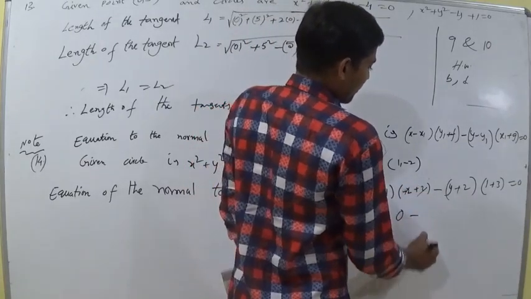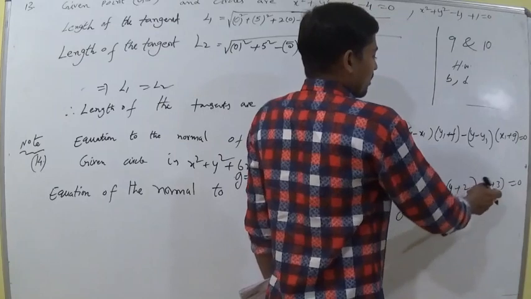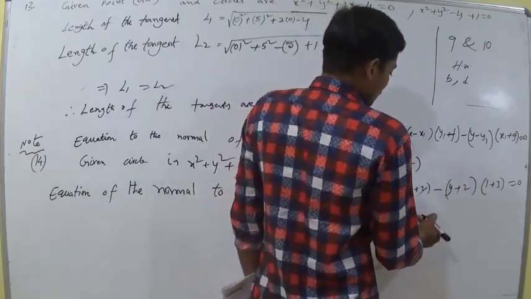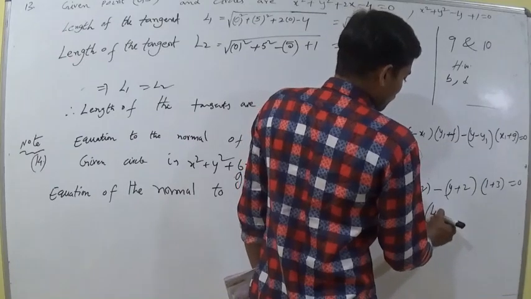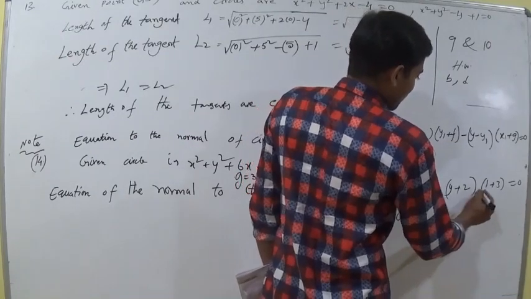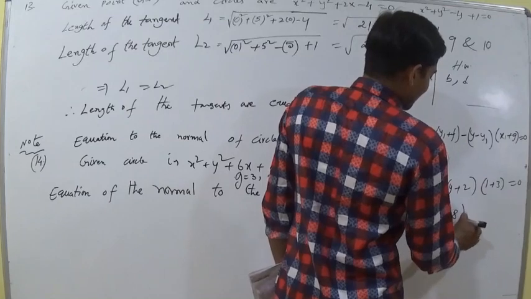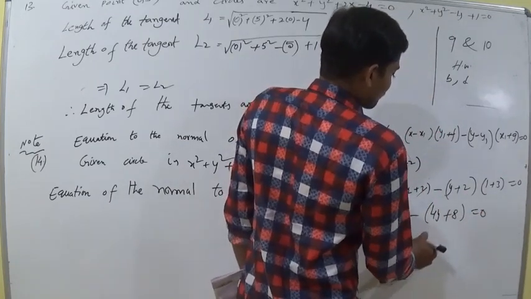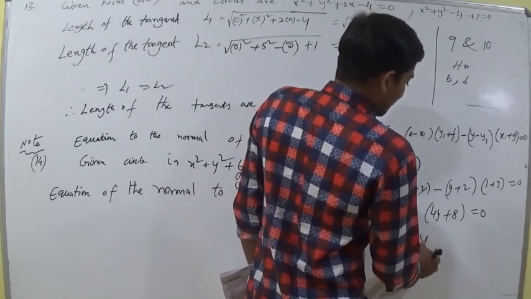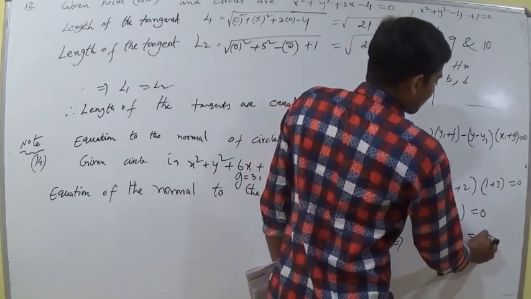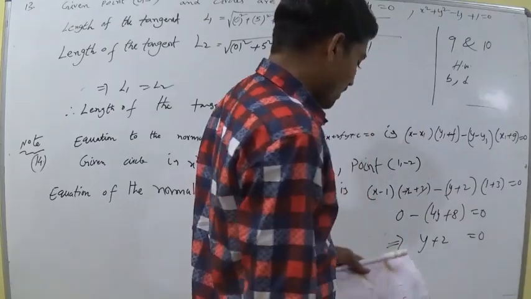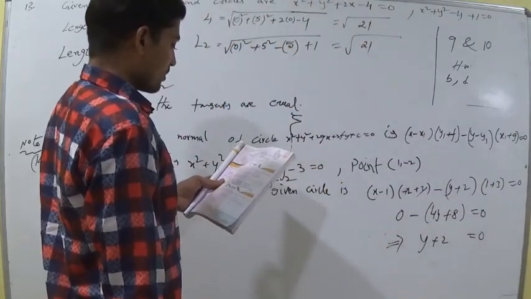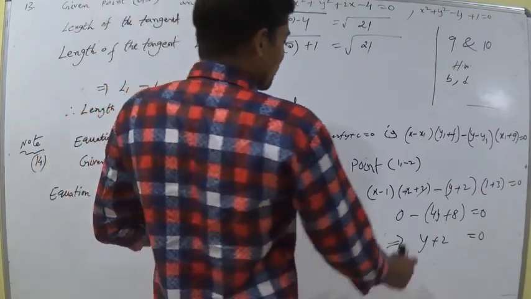So 0 minus 4y minus 8 equal to 0. That implies y plus 2 equal to 0. But given here that y minus 4 is equal to 0, that is wrong. So this is correct.